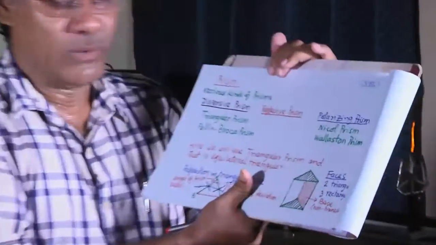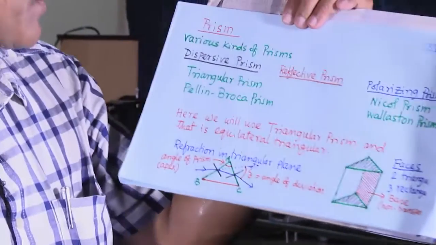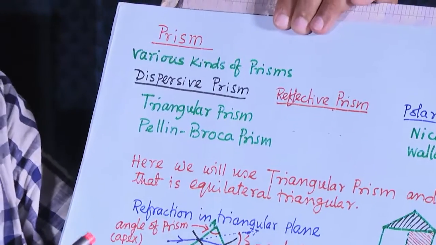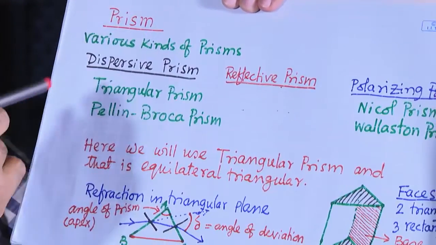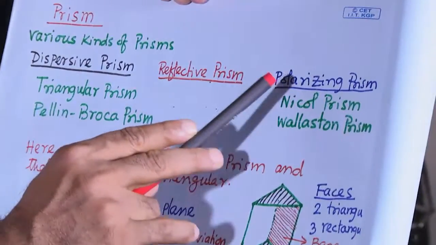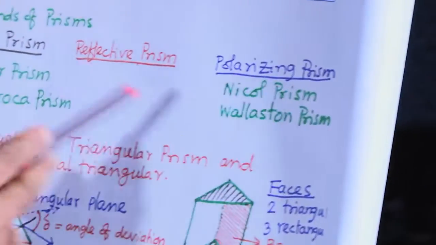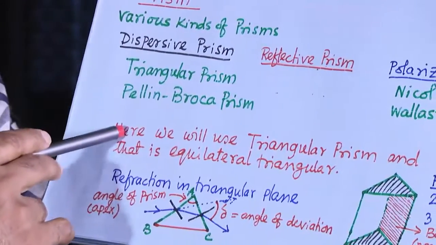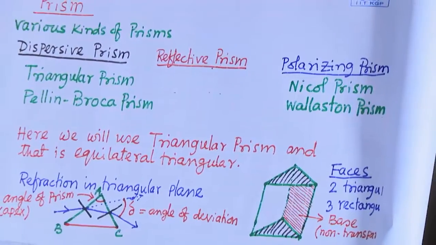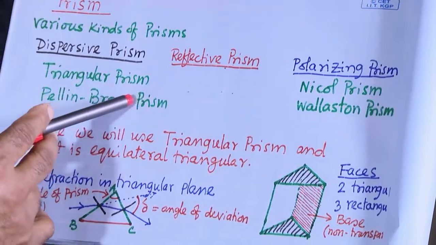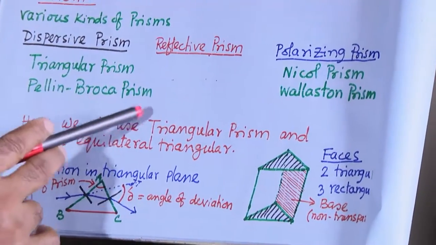Now, prism, we will use a prism for this experiment. Actually various kinds of prisms are available: dispersive prism, reflective prism, polarizing prism. Different kinds of dispersive prism are there: triangular prism, Pellin-Broca prism.